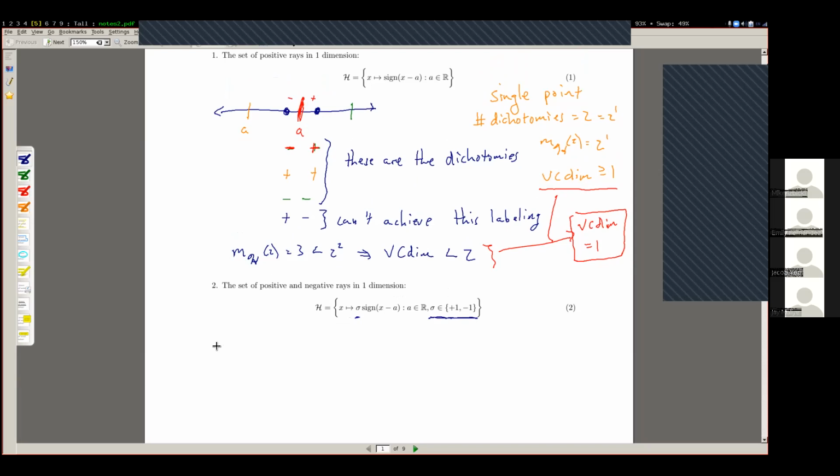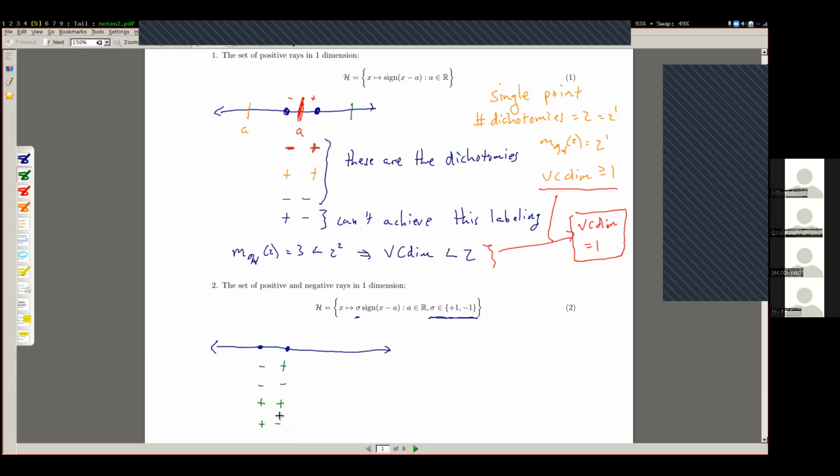And so with this hypothesis class, on the same data set as above, it is possible for me to get all the different possible labelings: negative, positive; negative, negative; positive, positive; positive, negative.